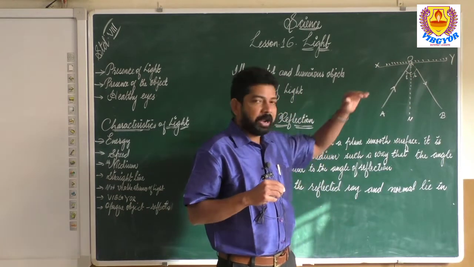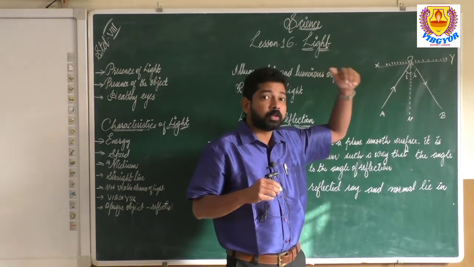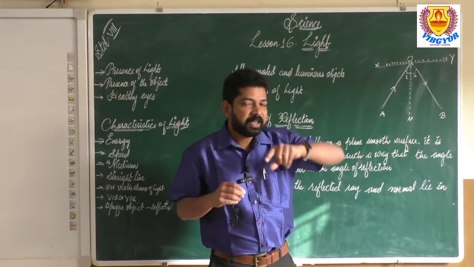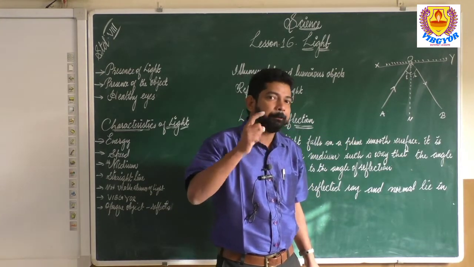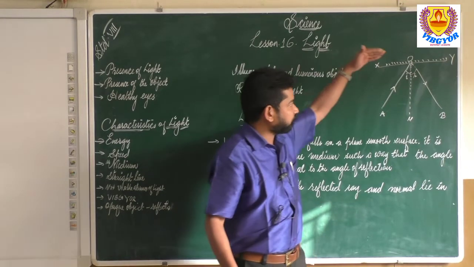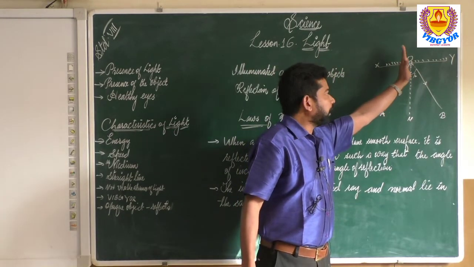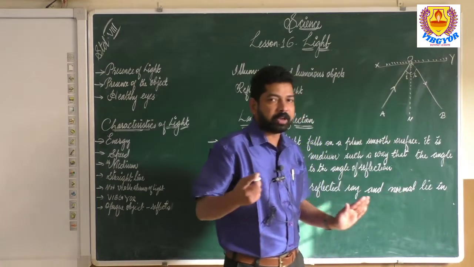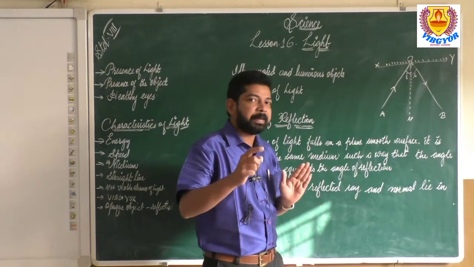If you draw a line perpendicular to the reflecting surface, which here is the mirror, that line is known as the normal. Perpendicular means the line that makes 90 degrees.